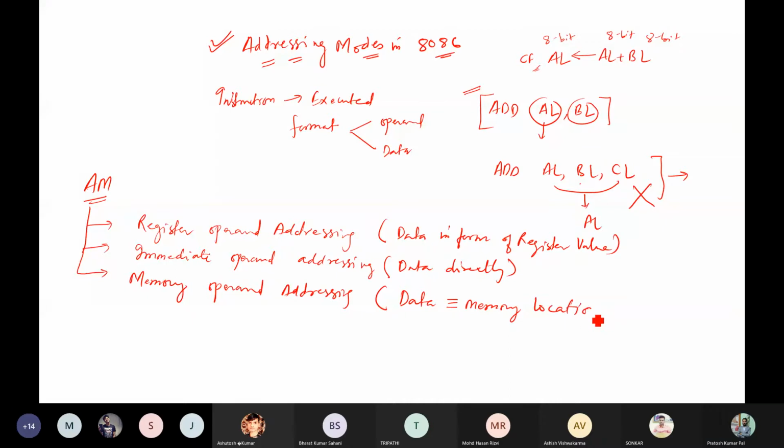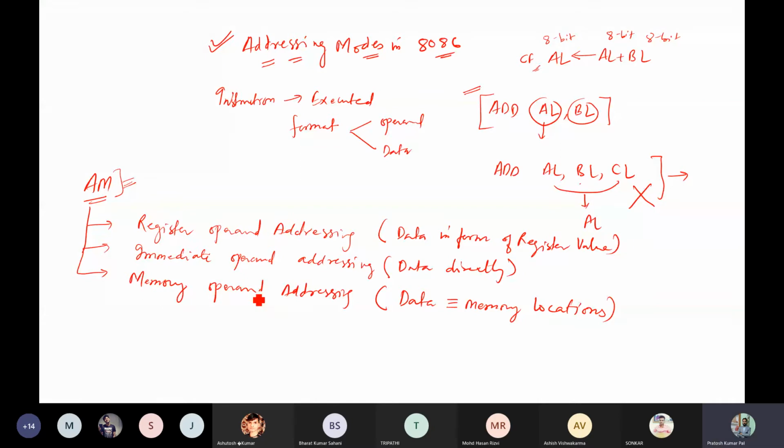So addressing modes can be divided into three different parts: register operand addressing, immediate operand addressing, and memory operand addressing.